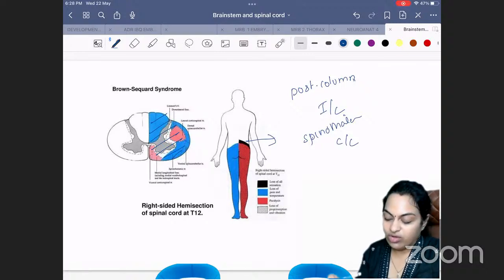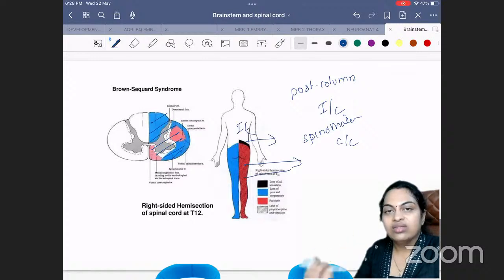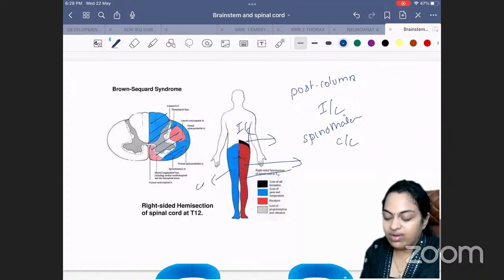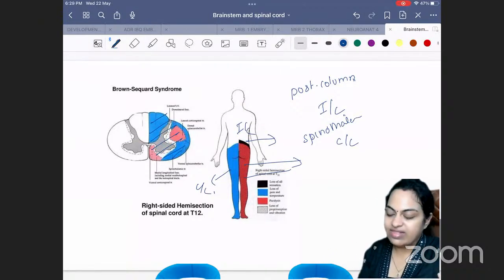What is shown in red color here is the paralysis on the ipsilateral side. The same ipsilateral side, the stripes that you see, is because of the involvement of the posterior column. And on the contralateral side, loss of pain and temperature. At the level of lesion, it's always loss of motor and sensory symptoms.